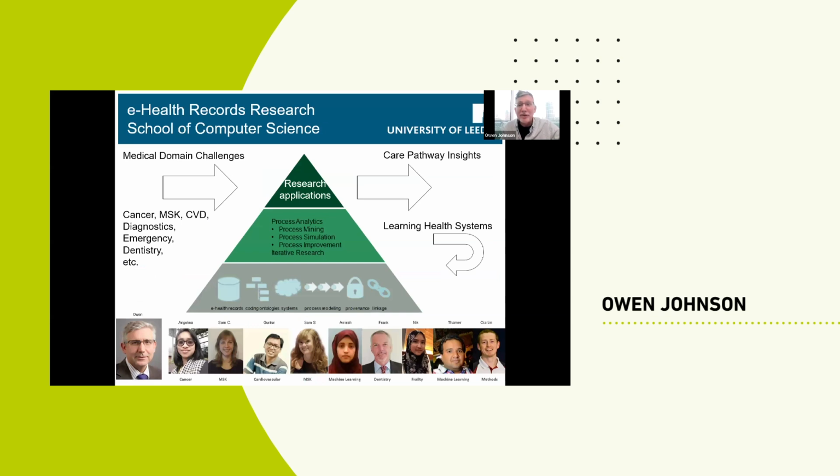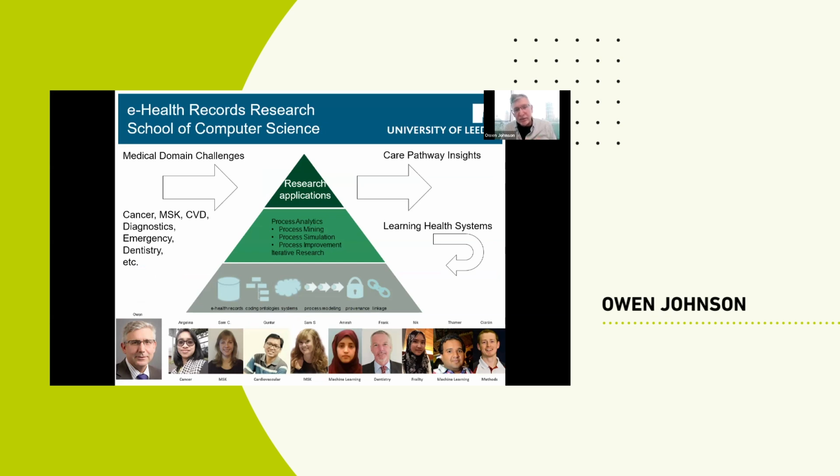You never ask an academic what he does, because then you'll get at least 40 minutes of research lecture. I'm trying to cut this down to a few slides just to explain what I do. I run the Electronic Healthcare Records Research Group, part of the School of Computer Science, but also with strong links into medicine.